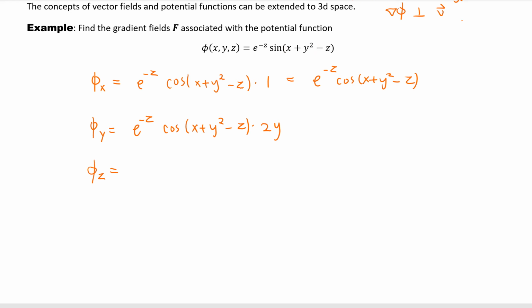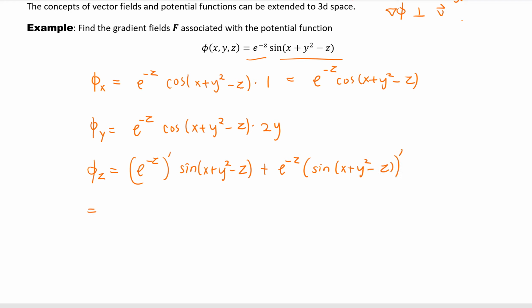Phi z, ooh, so this is going to be a product. So product rule. When I do prime, I mean taking the derivative with respect to z in this part, okay? Plus e to the minus z times the second term's derivative. Okay, e to the minus z derivative is minus e to the minus z. And then we have sine of x plus y squared minus z.